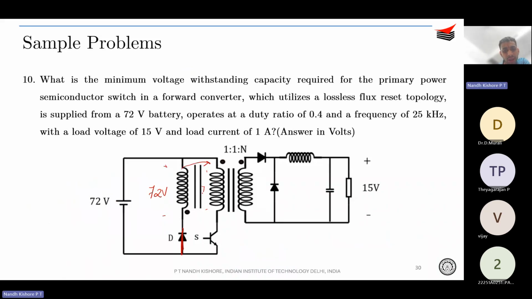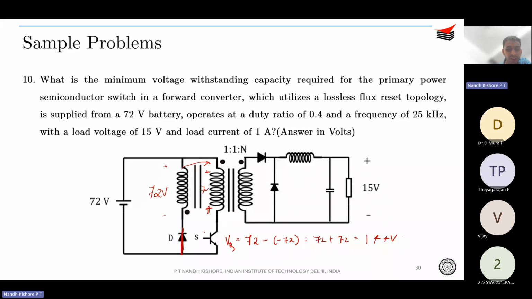And again, this will be 72 volts. Okay. So the polarity will be something like this. Therefore, VQ is equal to what? 72 minus of minus 72. That is 72 plus 72. That is 144 volts.